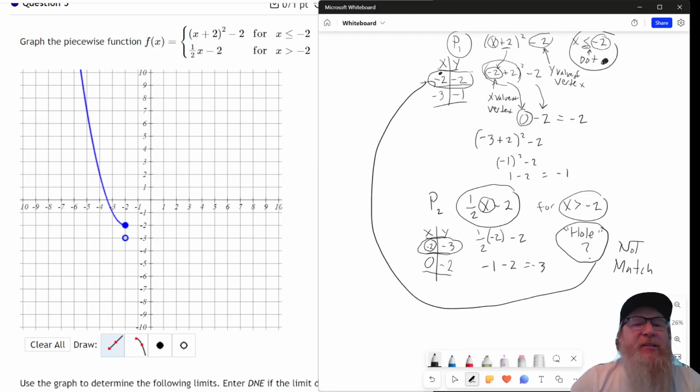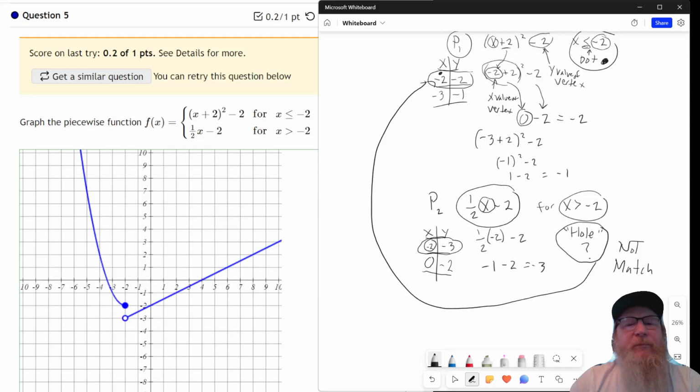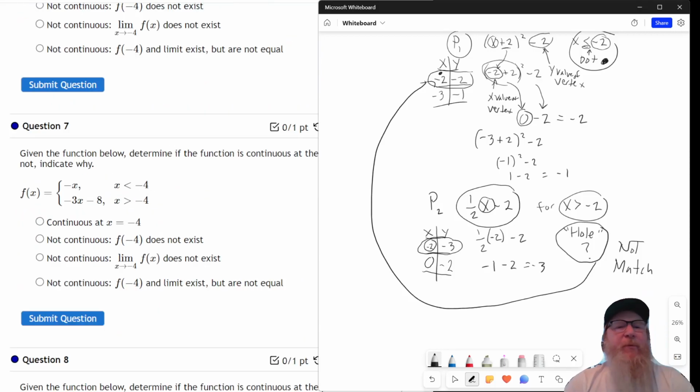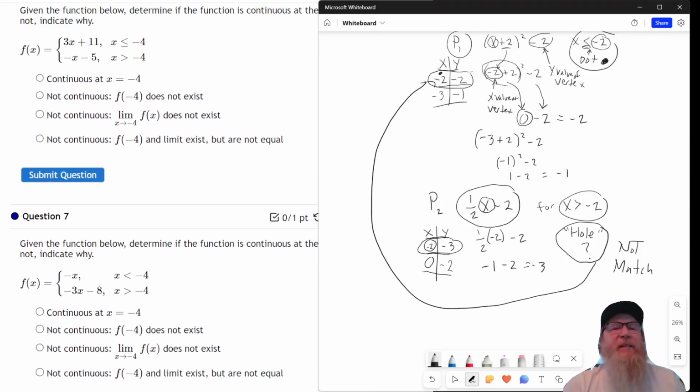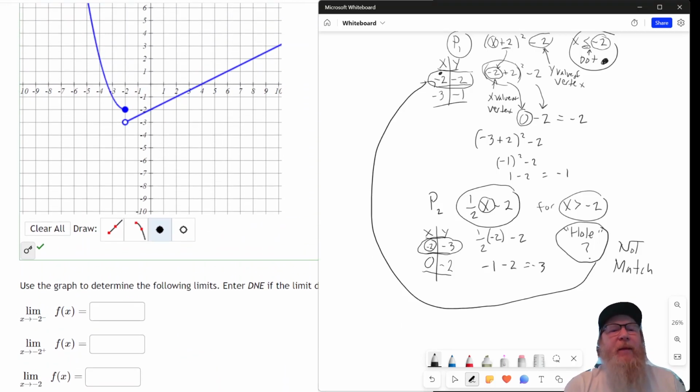So again, I got to start my line at the hole and then go to -2 on the y-axis, and submit. Good. All right, I'm always happy when that happens, especially when there's multiple pieces, because all it takes is one piece to be offline there. So now we can answer the limits.